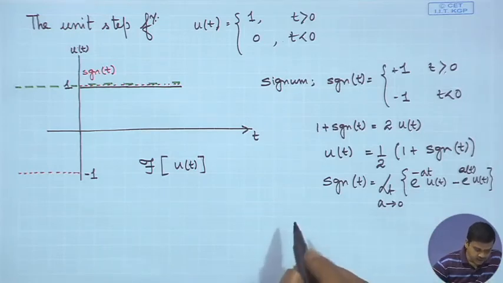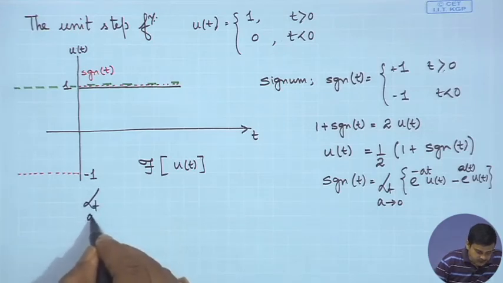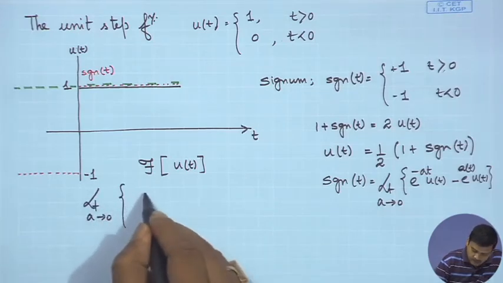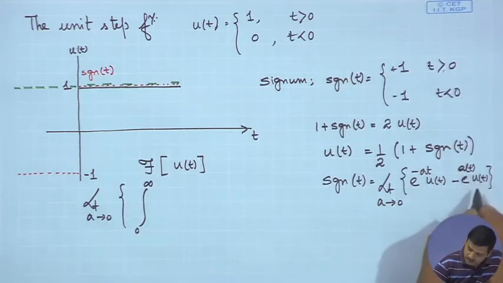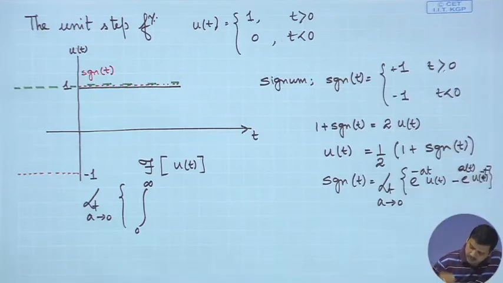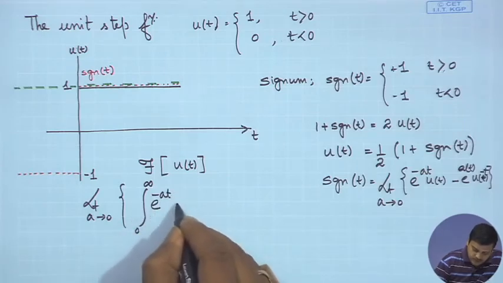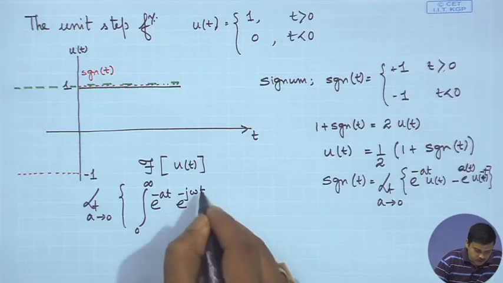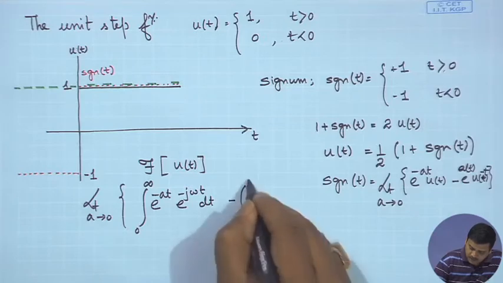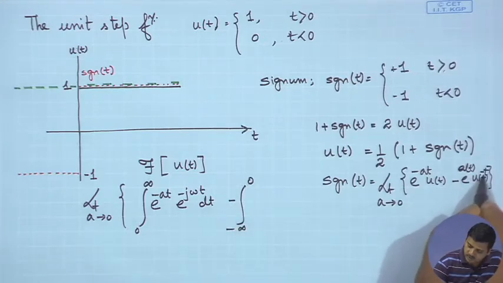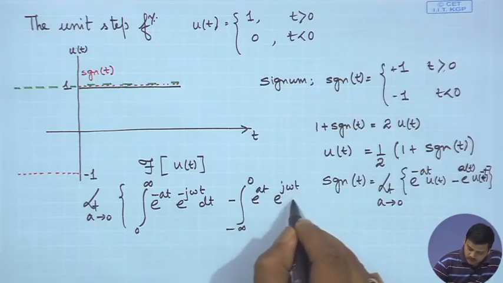If we take this and carry out the Fourier transform, we get limit a tends to 0 and the integral from 0 to infinity of e to the power of minus a t e to the power of minus j omega t dt, minus the integral from minus infinity to 0, the reason being we have u of minus t over here, of e to the power of a t e to the power of minus j omega t dt.